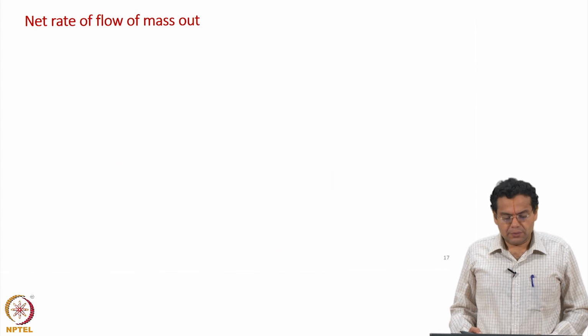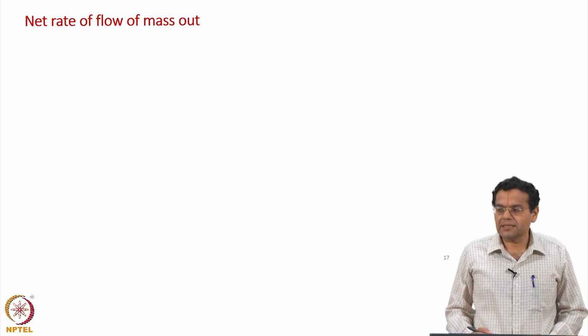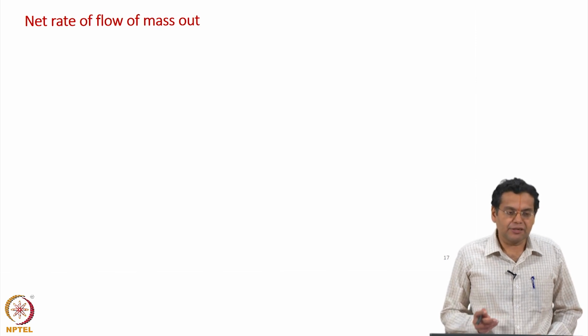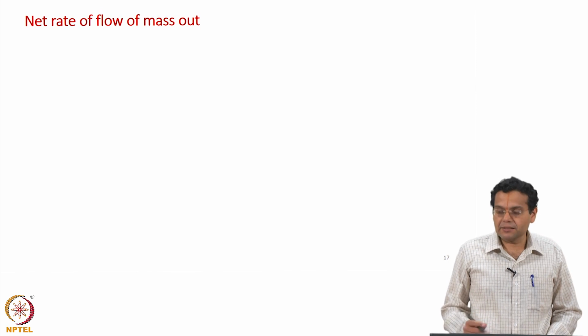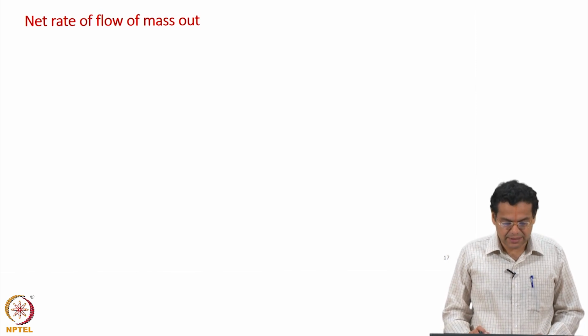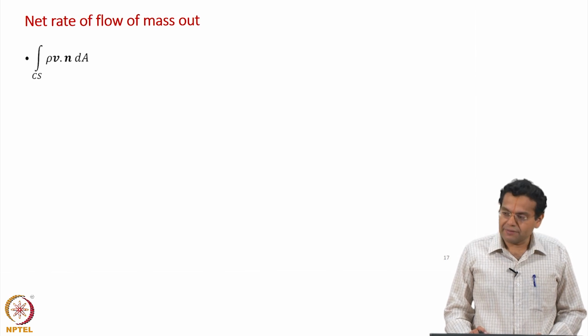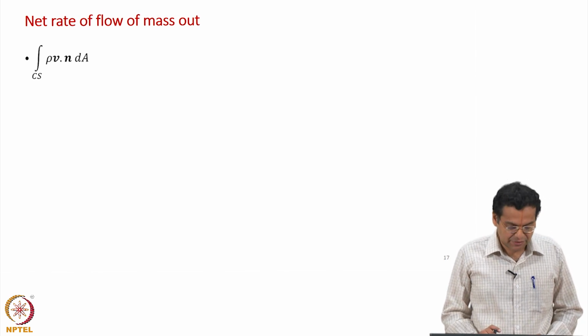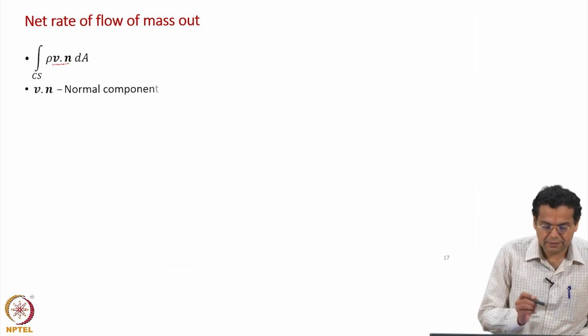Now, this particular integral, in different forms, comes up repeatedly in this course. So, let us understand this in a different way. We are going to arrive at the same meaning, but in a slightly different way. Okay. So, let us start with this V dot n.